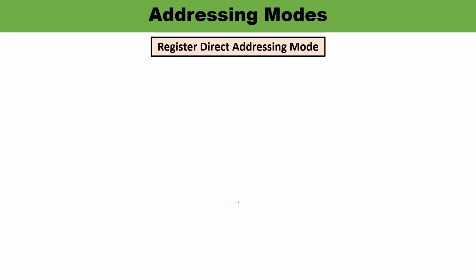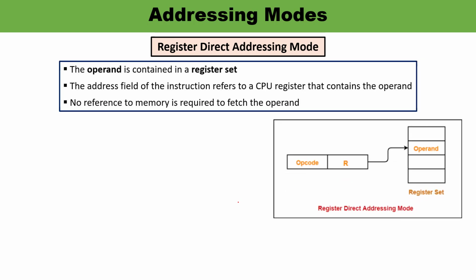Next is the register direct addressing mode. Here the operand is contained in the register set. You must remember, as you can see, the operand is contained in the register set, and the address field of the instruction refers to a CPU register which contains the operand, as you can see in this diagram.